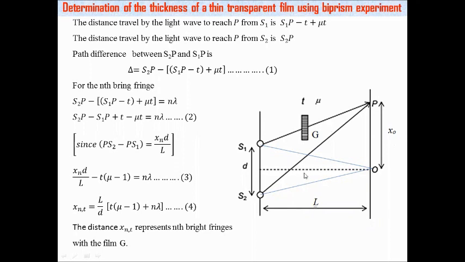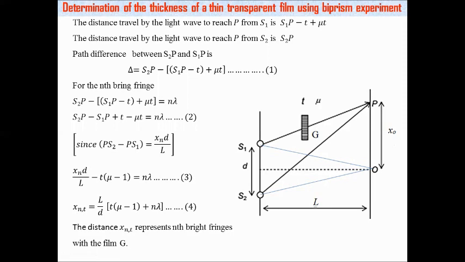The distance traveled by the light wave to reach P from S2 is S2P. The path difference between S2P and S1P will give you equation number 1.